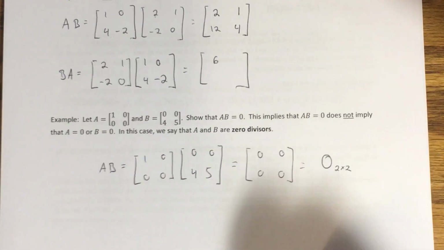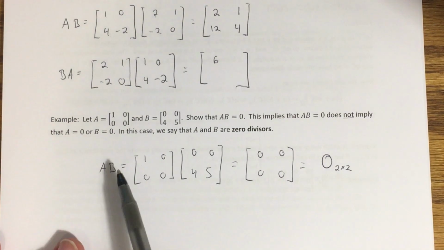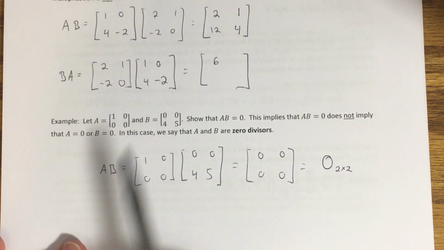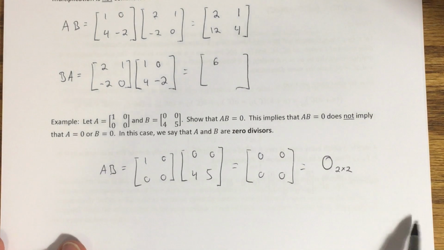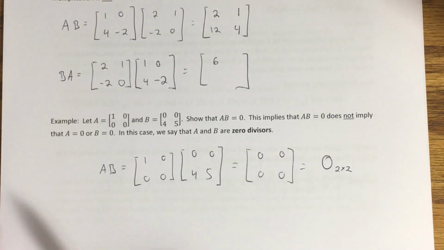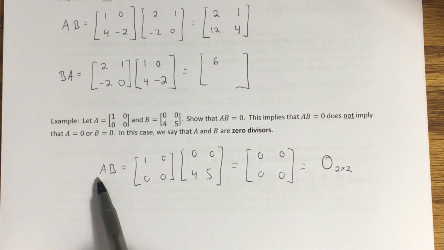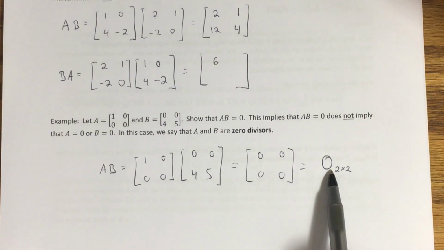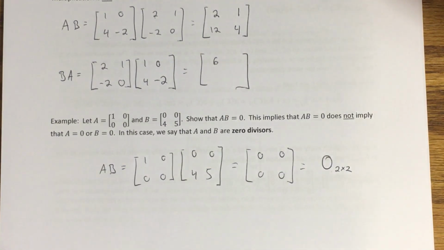So even though I had a product of two non-zero matrices, it was possible for the product to come out to be the zero matrix. That means we can't use certain solution methods that we would have gotten from algebra. If I have two matrices and I set their product equal to 0, I don't get to say that one or the other is equal to 0.